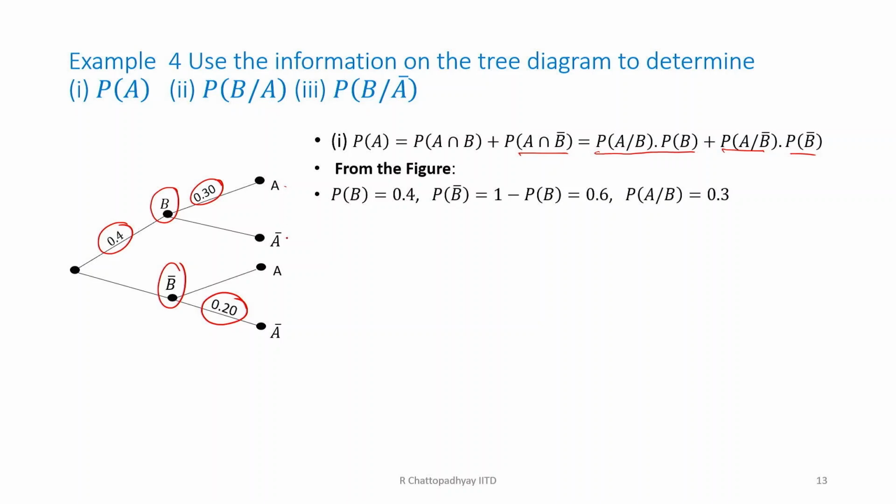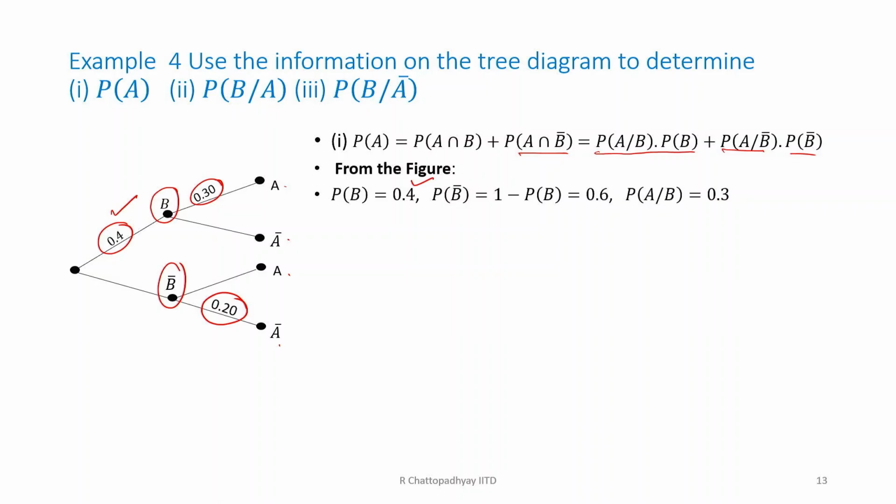Then we have A bar, A bar. So from the figure, what we can read? How much my P(B) is, that is value stated 0.4. I can see from here this is 0.4, we write it 0.4.